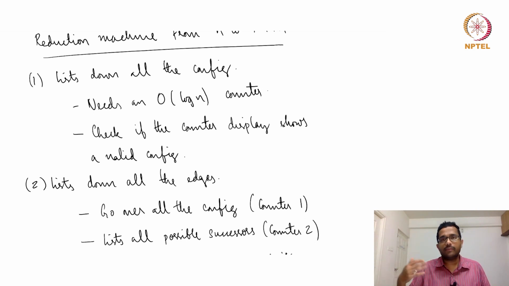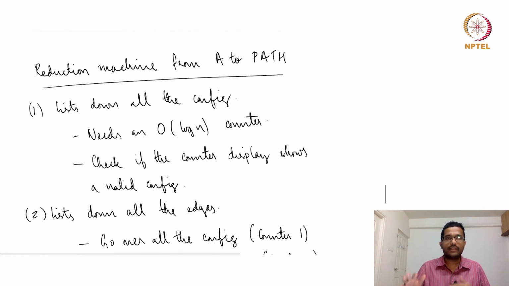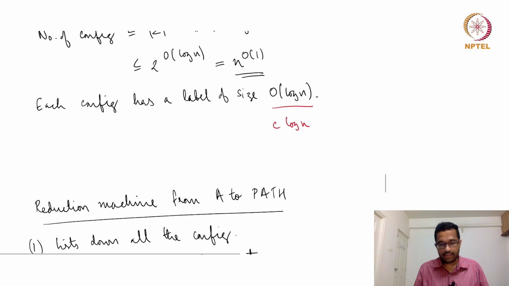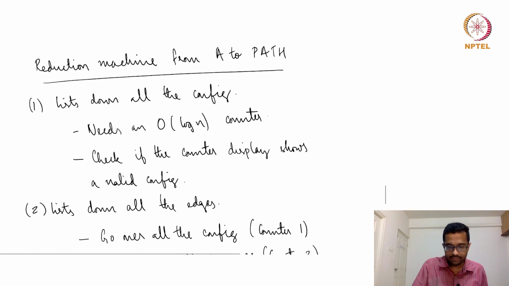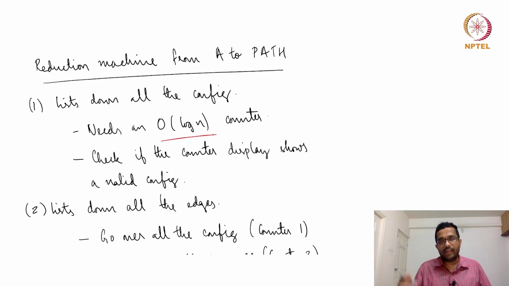This could be done by a counter. You could just have a counter, and whether it is a valid configuration needs to be checked. And as I already said, the length of representing a certain configuration is order log n. So the counter can be of order log n length, and at each point of the counter, we check whether it's a valid configuration.